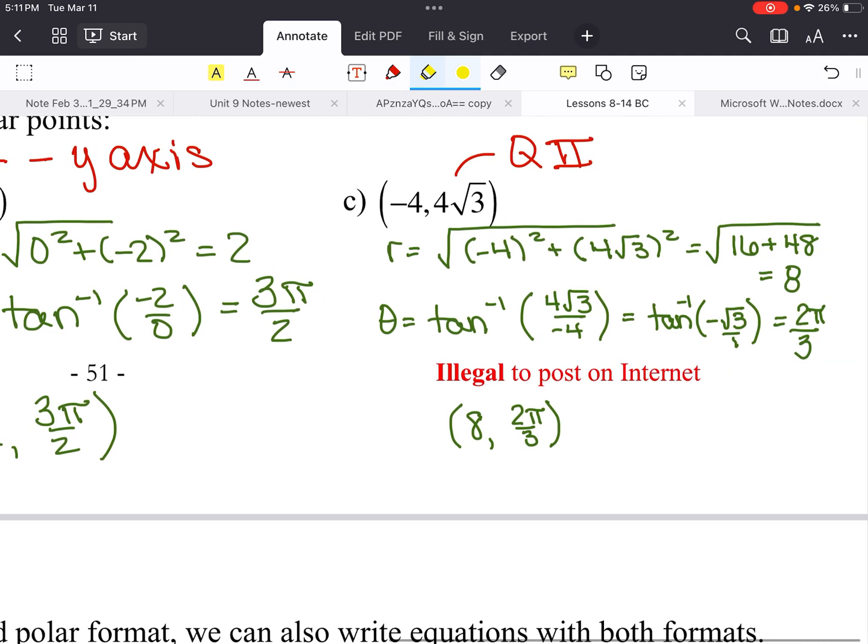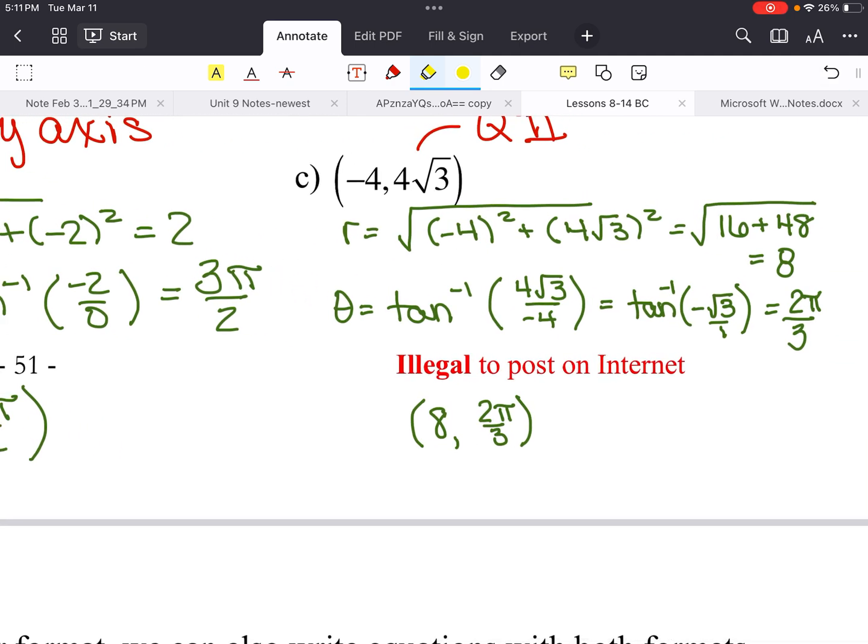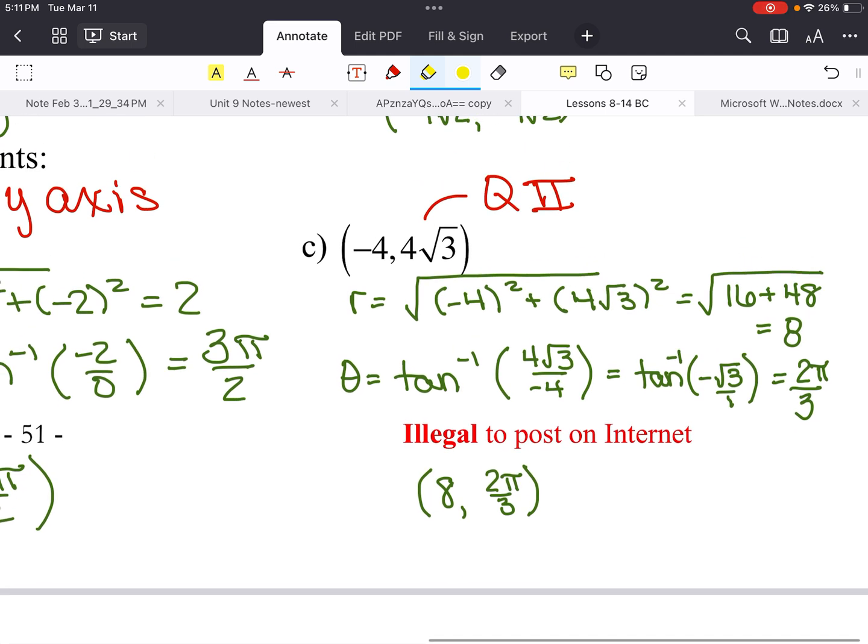And then this last one, same thing, Pythagorean theorem. So we have a radius of 8. Inverse tangent, when I simplify that, I get negative square root of 3. So what angle on the unit circle in quadrant 2, because x is negative and y is positive, has a tangent of negative square root of 3 over 1?